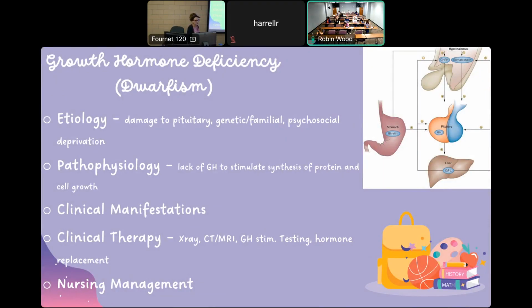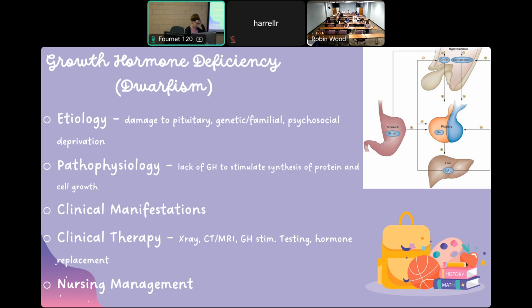Repeat that. So, sometimes for life. I sure can. So it's IM or sub-Q injections of growth hormone 6 to 7 times a week until growth is complete, which is normally 14 to 16 years old, but sometimes it's required for life.